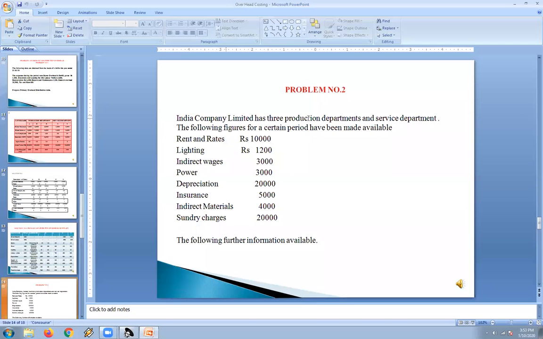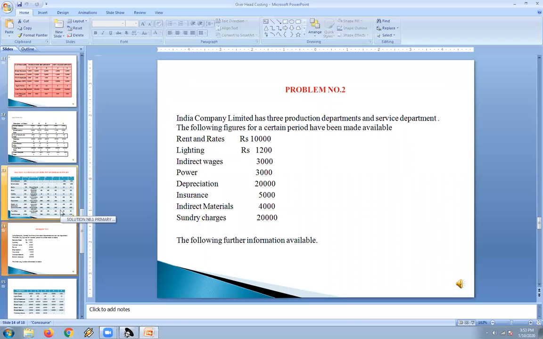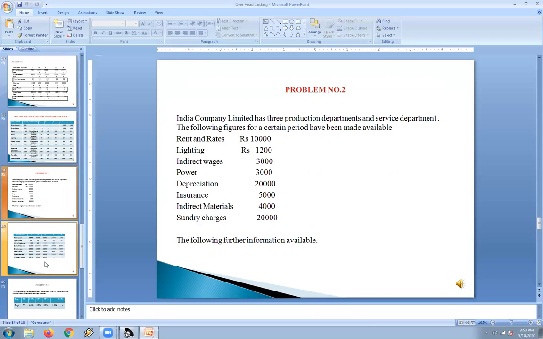See one more question, that is problem number 2. They have given the India Company Limited has 3 production and 2 service departments. These are all the expenses that have to be allocated to both production and service departments. Rent and rates is 10,000, lighting is 1,200, indirect wages 3,000, power fee, depreciation is 20,000, insurance is 5,000, indirect material 4,000, service charges 6,000. And further information is also given in the table.